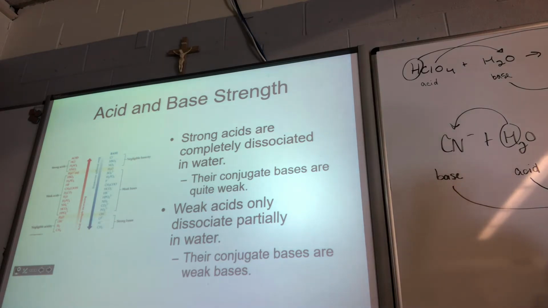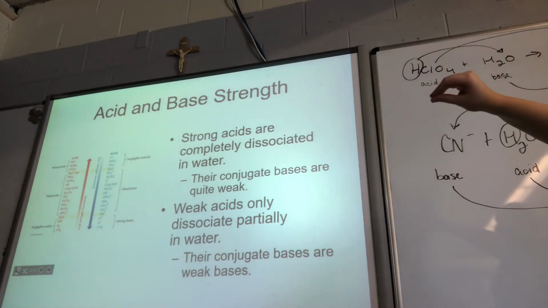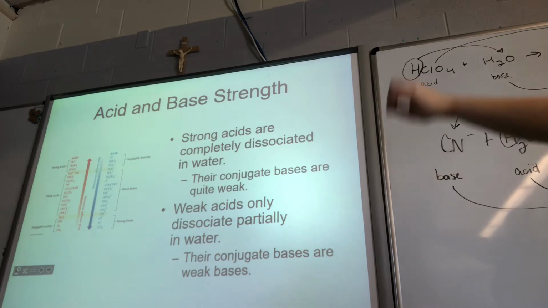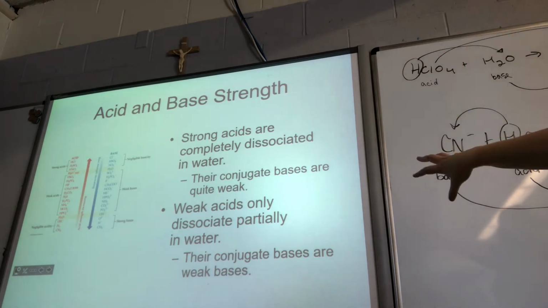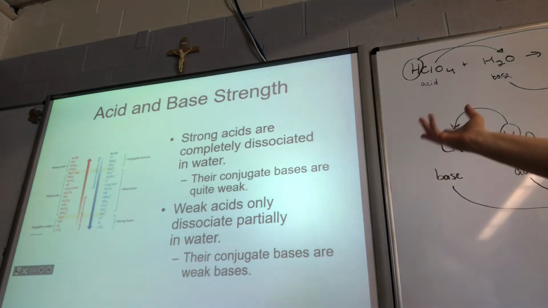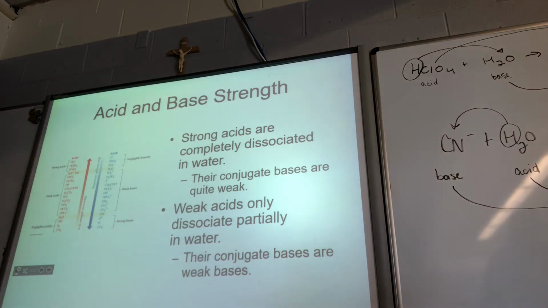Or is there something in the book? Yeah, you don't need to worry about it. We're generally just saying strong, weak. Strong means complete dissociation. Weak means partial dissociation. Conjugate bases of both are just weak. That's really all we need to worry about.